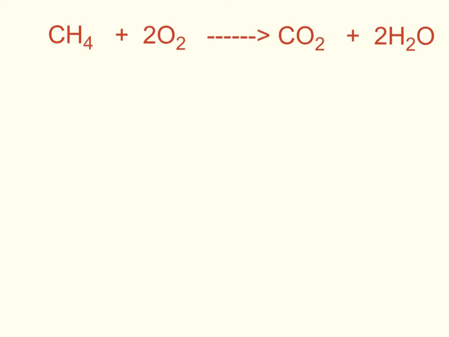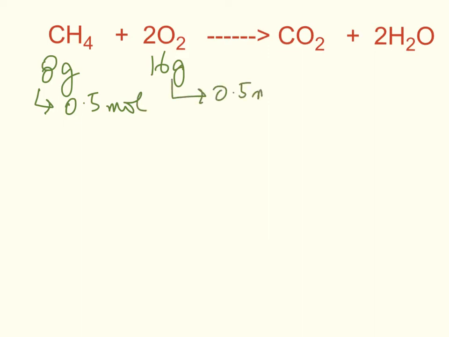Alright, so again, we were told that we had 8 grams of this guy and we had 16 grams of this guy, and then we converted this to moles and we found 0.5 moles of this, and we found 0.5 moles of this guy.